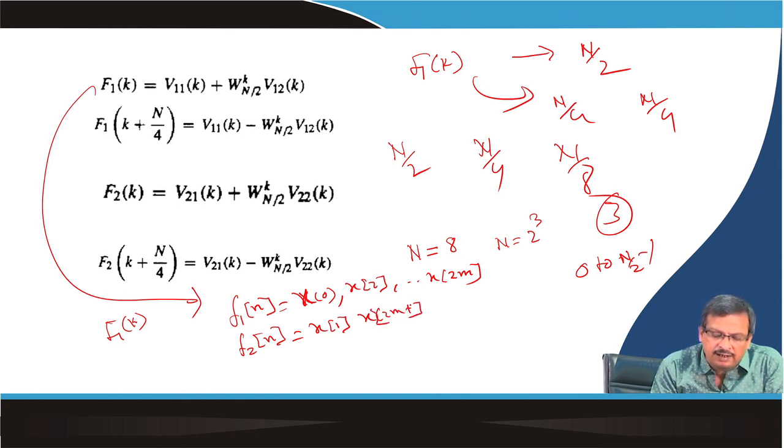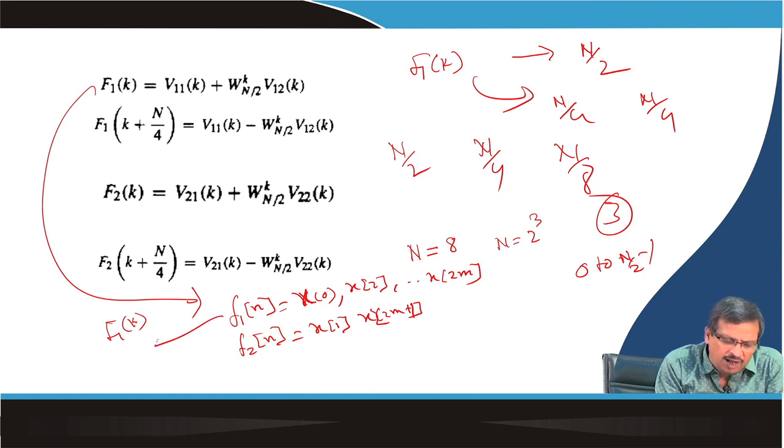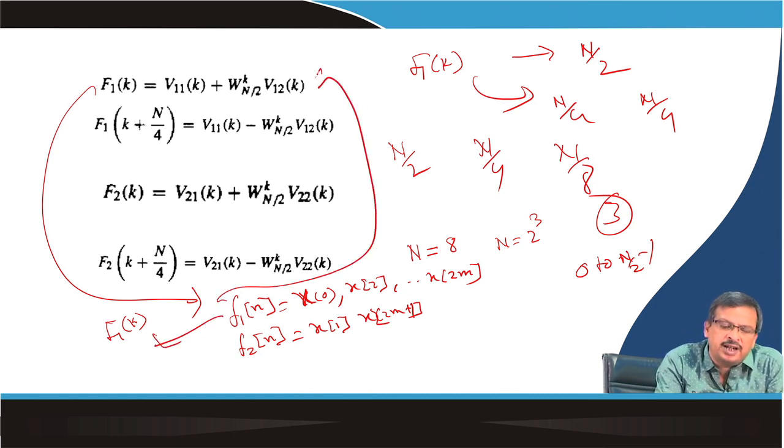So, I am accessing those indices which are odd, varying from 0 to n by 2 minus 1. So, now this F1 sequence again is divided into sequences.